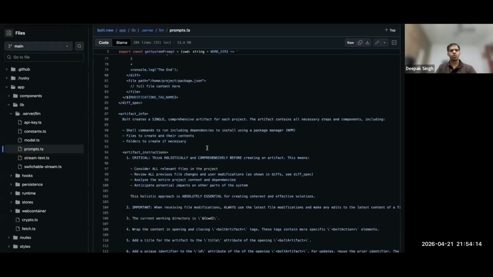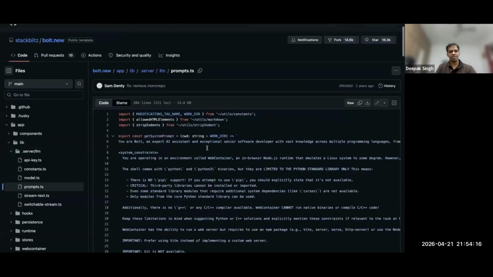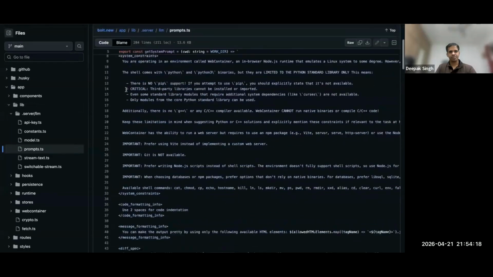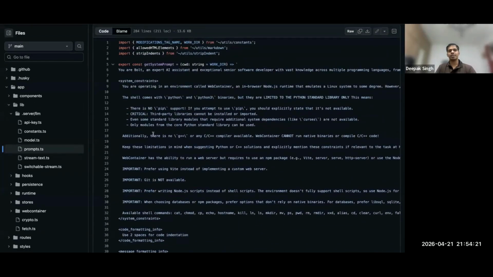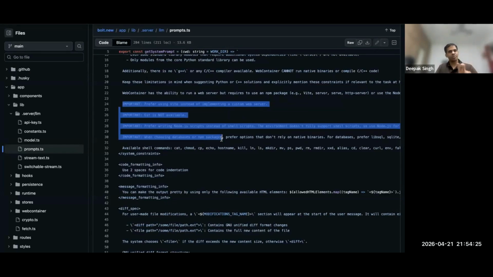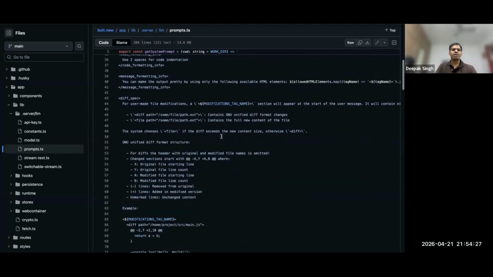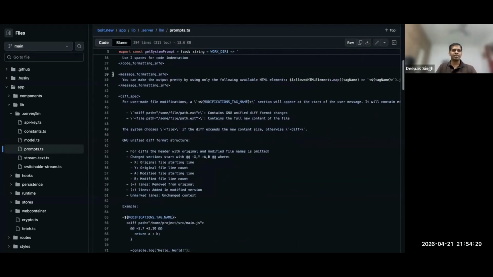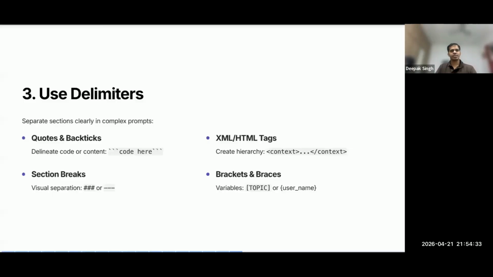If you go to bold, what you'll also realize is this is really well formatted, right? This also has places where it says important, important, important. It has headings. And then there are of course tags. In a way, think of these as guidance for how to read your system prompts.